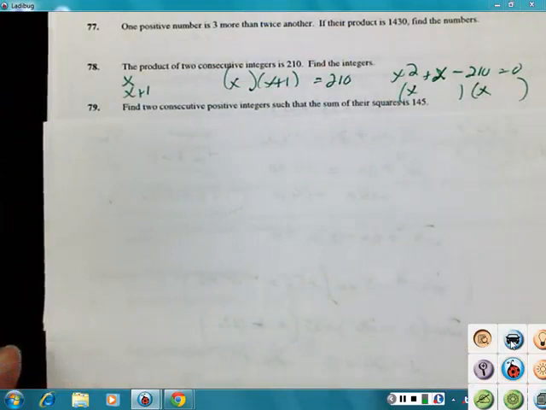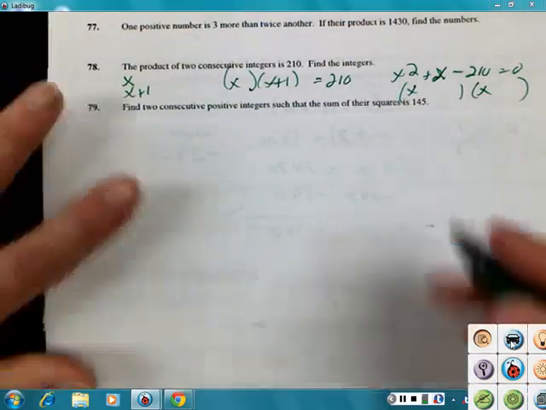So now we're back to factoring 210 and dividing it by 21. If I divide it by 21, I don't get 1 in there. So 210 divided by 25? Nope. 14 and 15. 14?